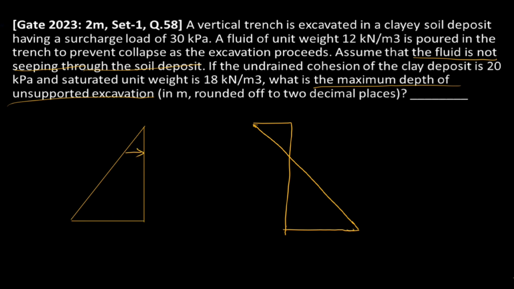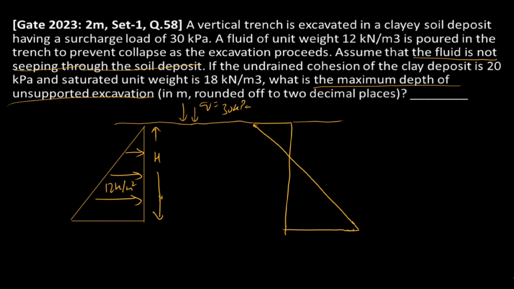So the hydrostatic pressure distribution diagram will be nothing like this one. The fluid has a unit weight of 12 kilonewton per meter cube, and they have given the total height of the trench, that is H. A surcharge load is acting, which is Q equal to 30 kilopascal.